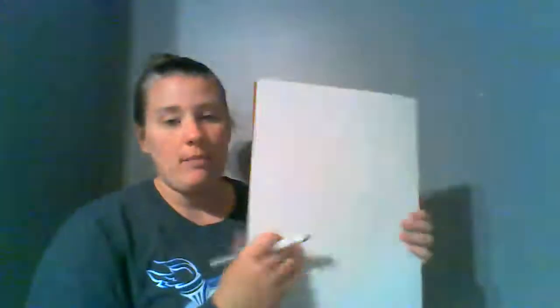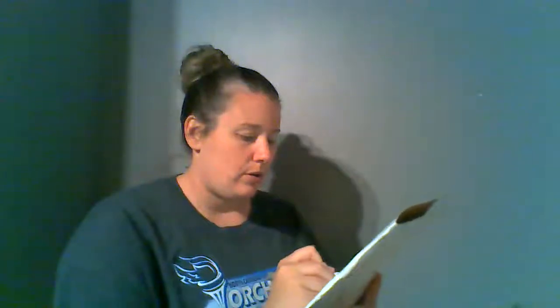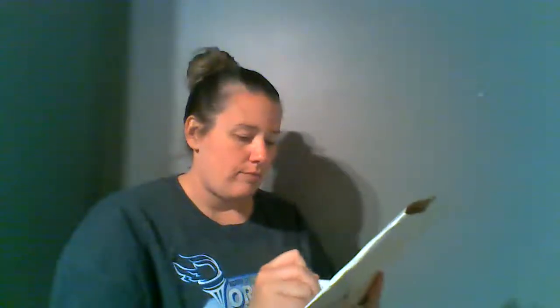All right, so again, I'm going to start in the middle of my paper, and I always start with mom and dad first. Okay? So we're just going to do two heads. And actually, I am going to do some hair just so they don't look funny.